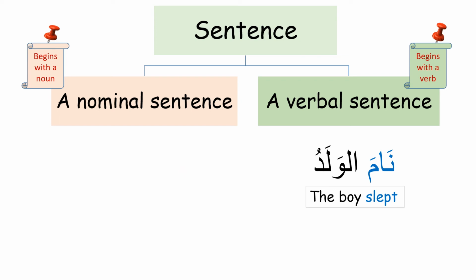However, I'm not going to give details about it since we are going to postpone its analysis until we study verbs. Our example is نام الولد. Again, نام الولد. نام means slept. As you can see, since this sentence begins with a verb, it is a verbal one, and it seems only logical for you to ask, how can we recognize verbs?